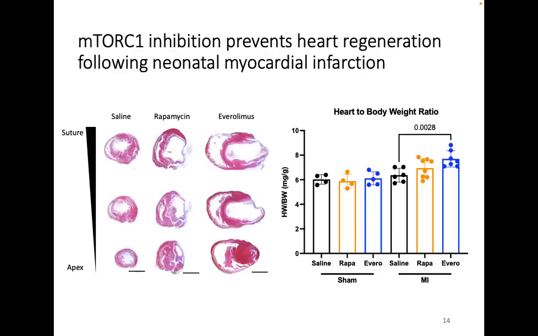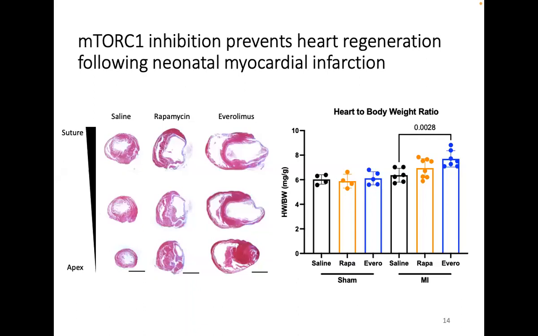So when asking whether or not mTORC1 was required for neonatal heart regeneration, we were able to show that mTORC1 inhibition does prevent neonatal heart regeneration. And you can see that here in the saline-treated hearts on the left, where there is little to no, unfortunately, the projector doesn't really do this justice, but little to no fibrotic tissue shown in blue, with mostly healthy myocardial tissue shown in red.